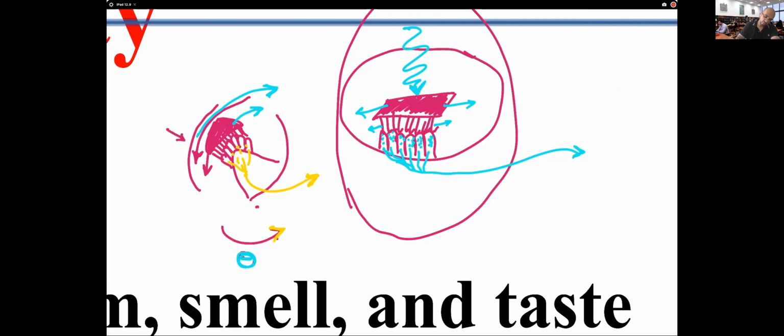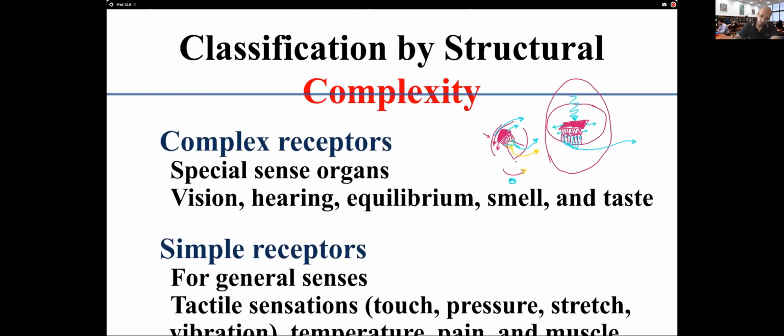And according to that, the hair cells are going to be creating different signals that will be conducted to my brain. So my brain will be able to tell, yes, I'm now decelerating in this direction. So you see, those are complex receptors that we use to detect special senses.